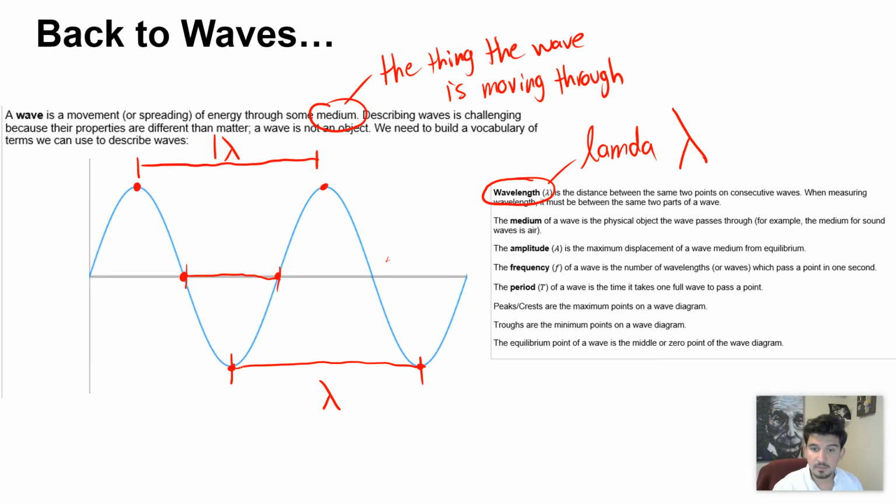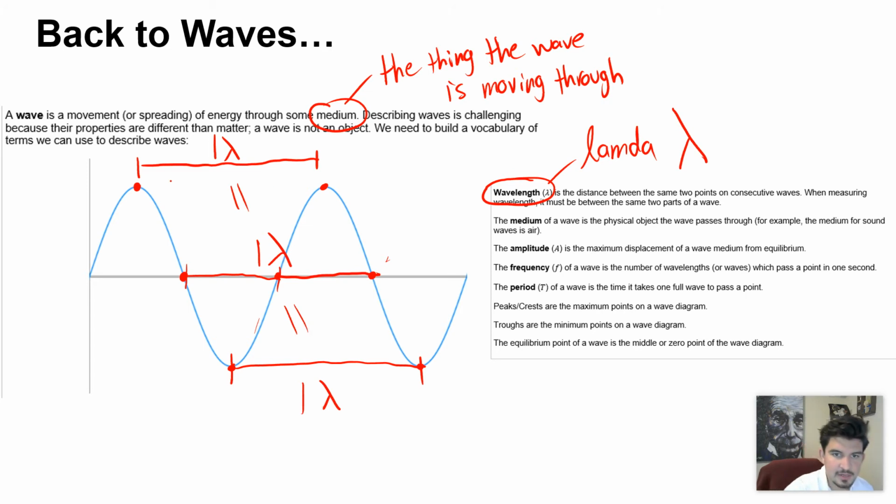Or if it's on the bottom, it has to go all the way to the top and then back. So if we wanted to start at the equilibrium point, it has gone down, but it hasn't gone all the way back up. So it's got to go all the way back up, come back to the equilibrium, and then this represents one full wavelength. So all of these are equal to each other.